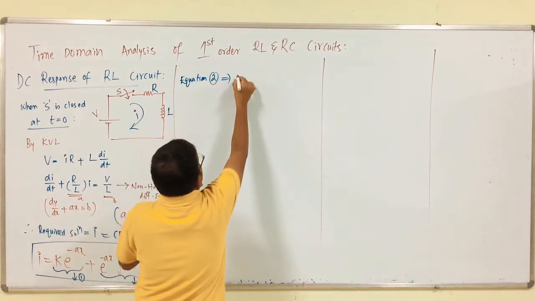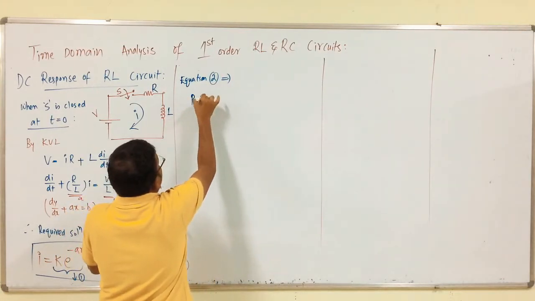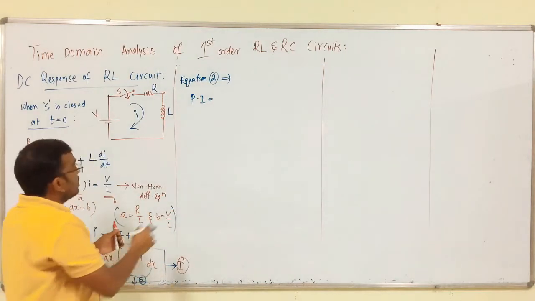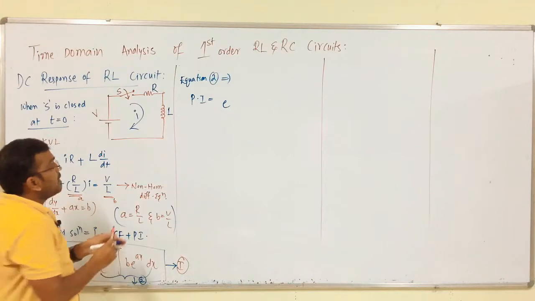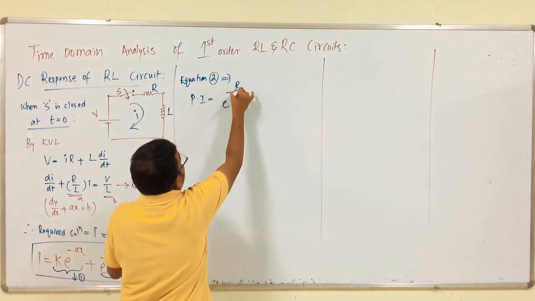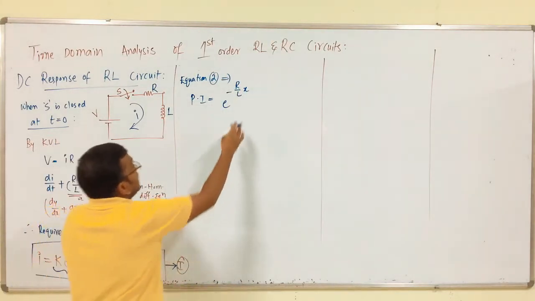which is the particular integral, equals e power minus Ax. What is the value of A? R by L, and minus R by L into x means what?